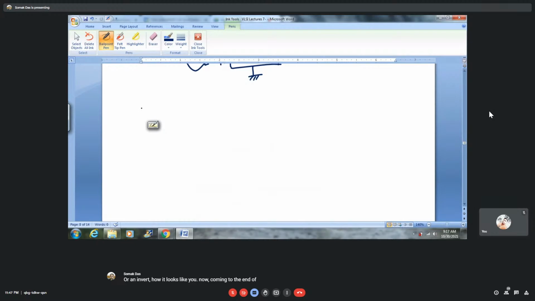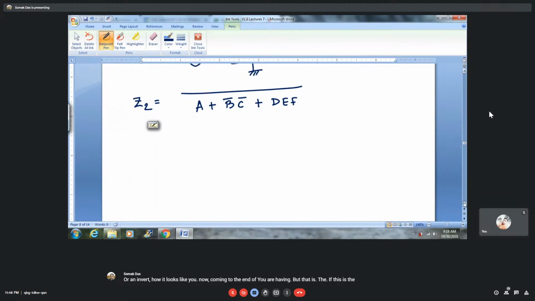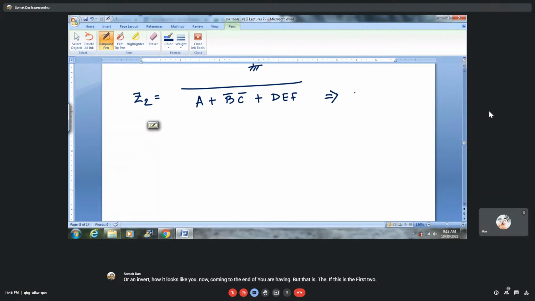If you have a Boolean expression Z2 such that it is A plus BC plus DEF, this refers to a sum of product form.